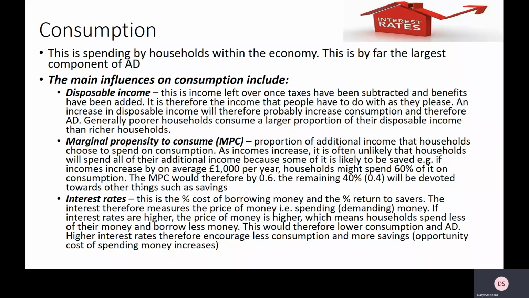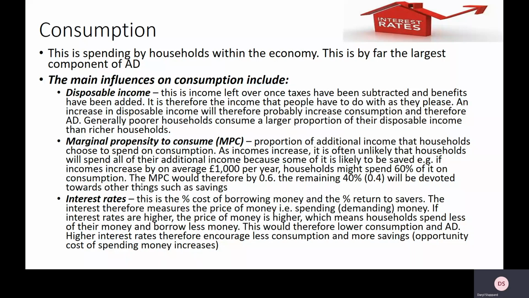Right, next one is something called the marginal propensity to consume, and this is something that people often struggle with. All the marginal propensity to consume is, as you can read there, the proportion of additional income that households choose to spend on consumption.